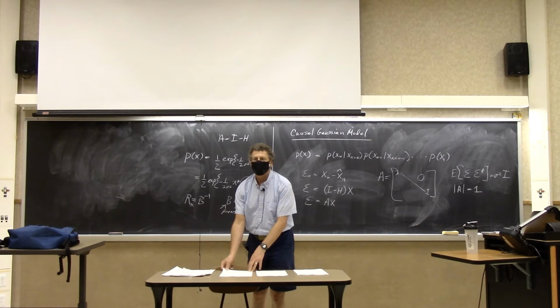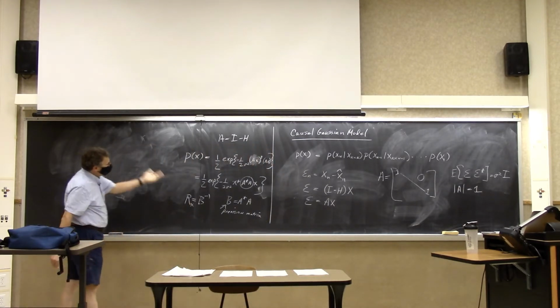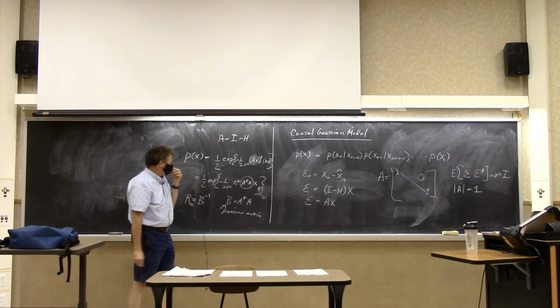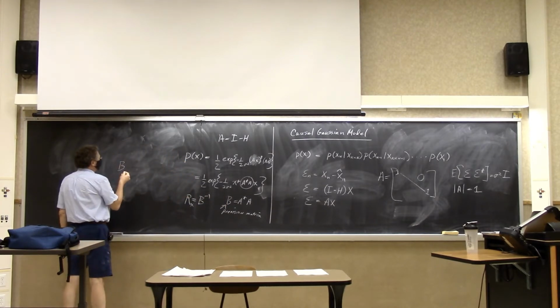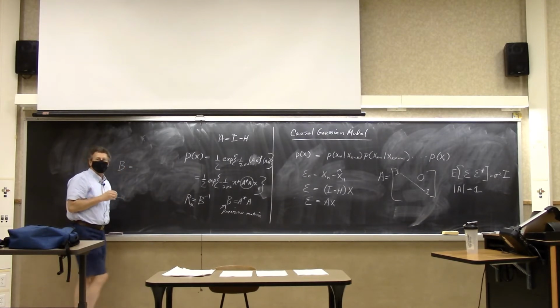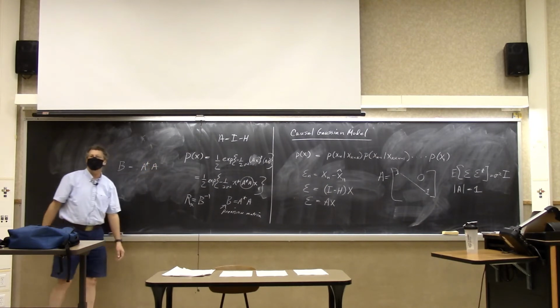Okay, then I want to go on to the 2D case. So in 1D, I know what my point was here. If I take any positive definite matrix B, it turns out I can always factor it into an upper triangular and a lower triangular part, okay?